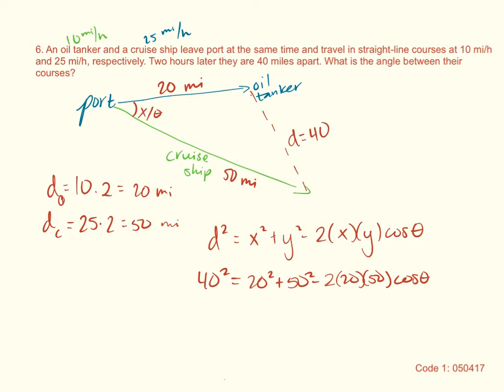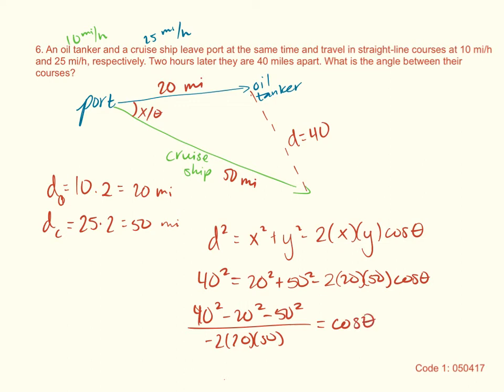Okay, so we end up having 40. I'm just going to do the algebraic part. I'm not going to actually write out the numbers once I plug them in, because I'll do that on my calculator. Divided by negative 2 times 20 times 50 is equal to cosine theta.